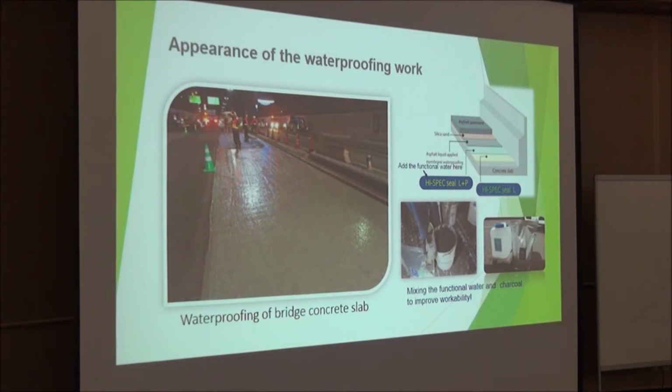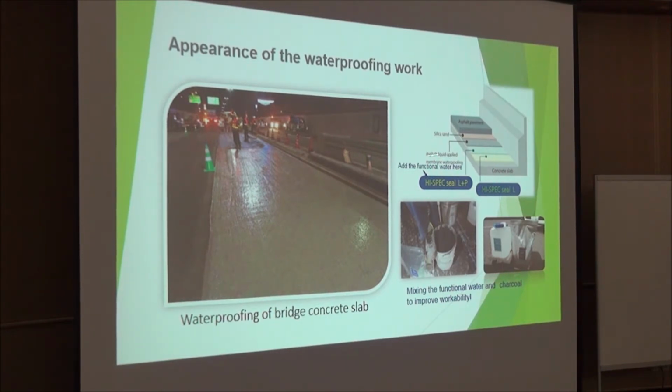Yes. This is the appearance of the waterproofing work. Have you ever seen the inside of the paved asphalt? No. So we can show you the cross section. Usually, this is a basement, a concrete slab.